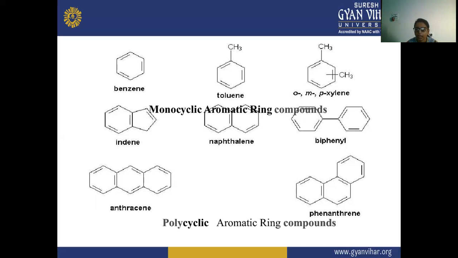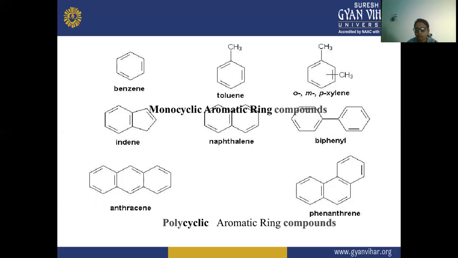In biphenyl, two benzene rings are joined to each other by a single bond. Next is your anthracene. In anthracene you can see three benzene rings attached to each other.